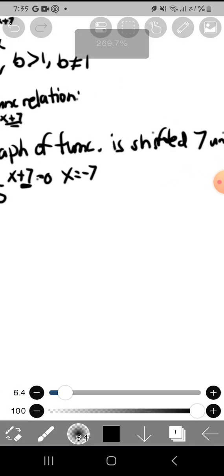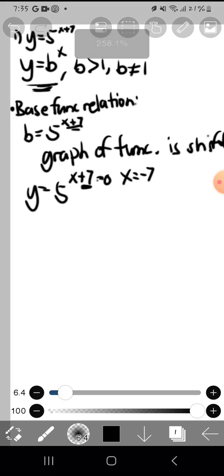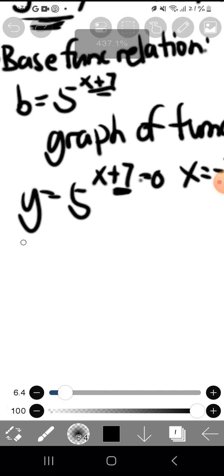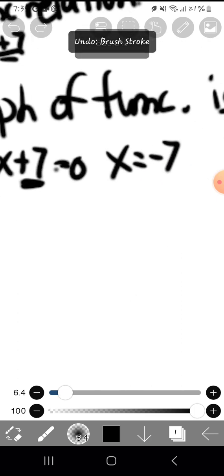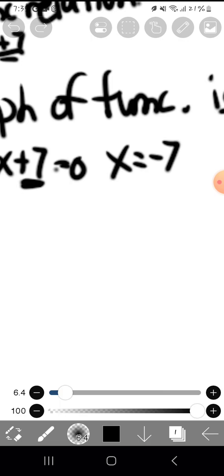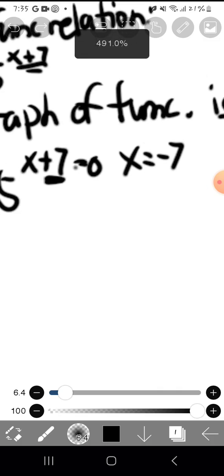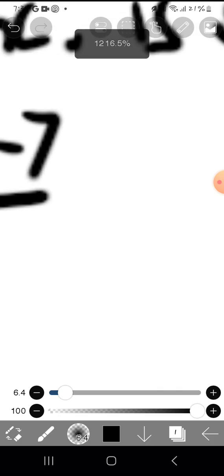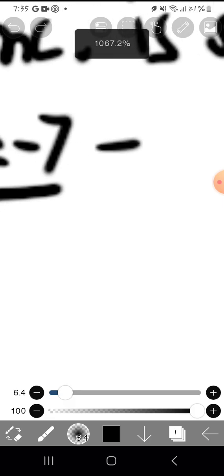It implies that the graph of y equals 5 raised to x plus 7 is shifted 7 units horizontally to the left. To the left, why? Because negative. Negative equals left.